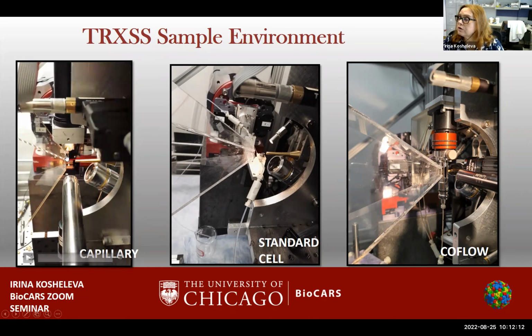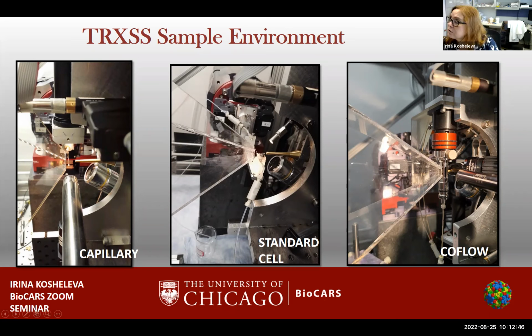The laser comes in orthogonal geometry, and this is the collimator for the X-rays, and this is the laser. Nowadays, obviously the sample has to be not radiation sensitive, and the chromophore shouldn't be damaged by the laser light, because this capillary is exposed, I would say, 1,000 times.